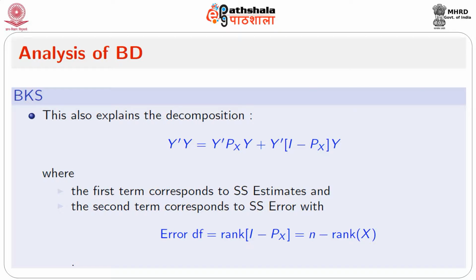Whereas the first part refers to the estimation space, the second part refers to the error space. That's why y prime (I minus P) y refers to sigma square. So the first term corresponds to the sum of squares due to estimates, and the second term corresponds to the sum of squares due to error, and the error degree of freedom is nothing but the rank of (I minus P_x), which is n minus the rank of X, and that is how we go for further computations.